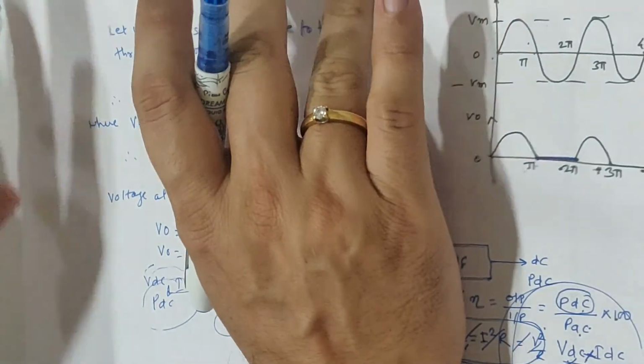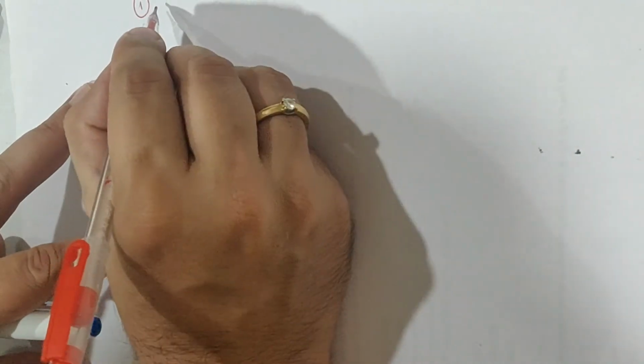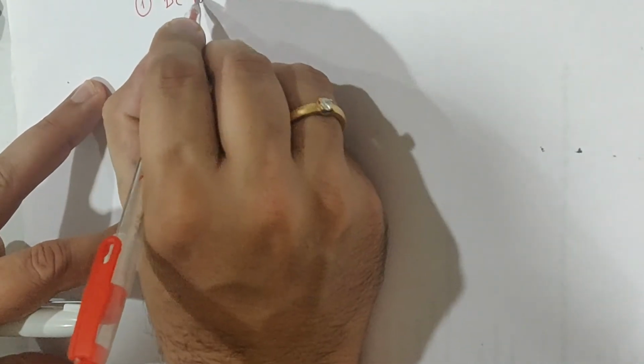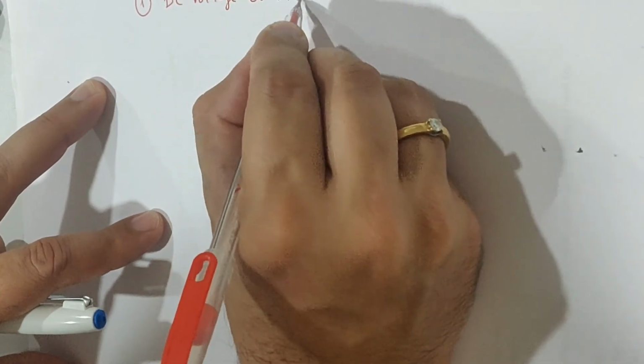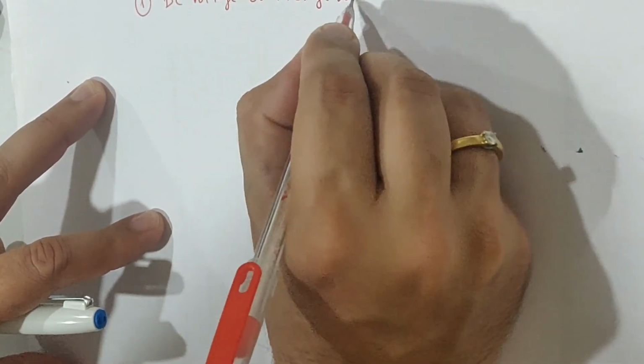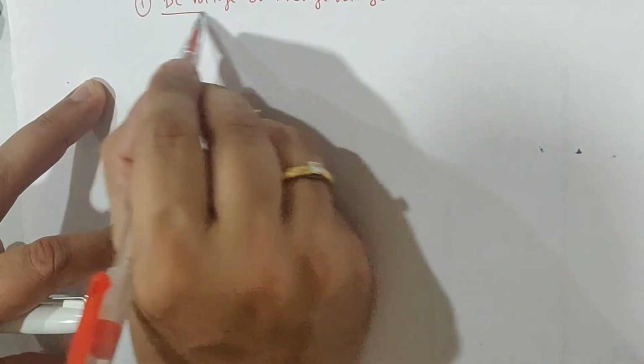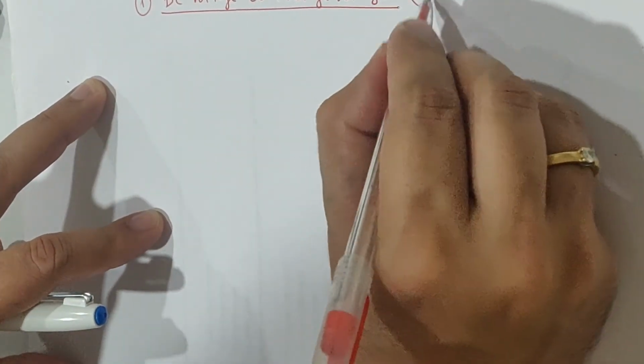Let us move ahead and start with the first value, which is called the DC voltage or average voltage. DC is also called average, and let us term it as VDC.